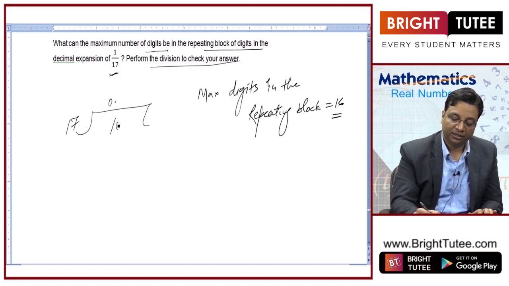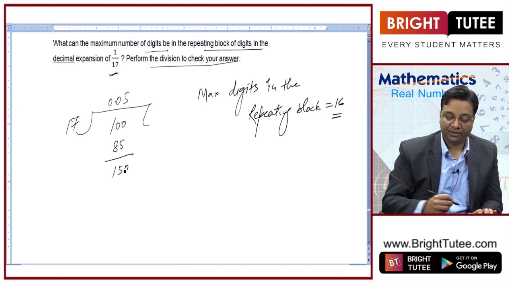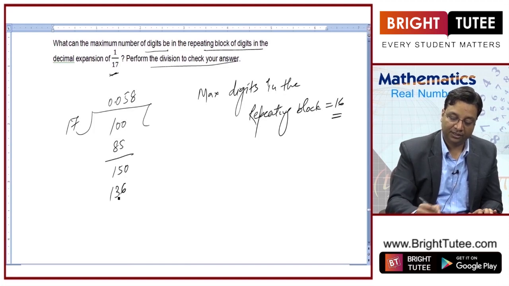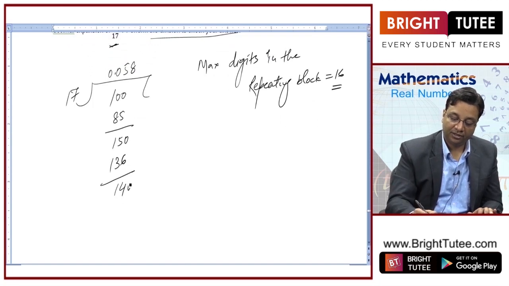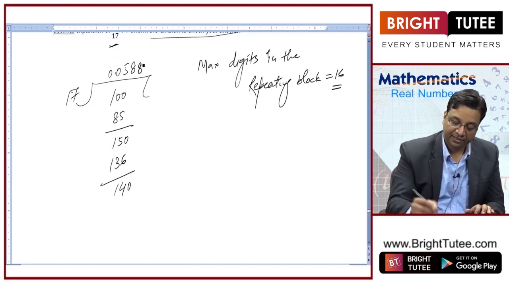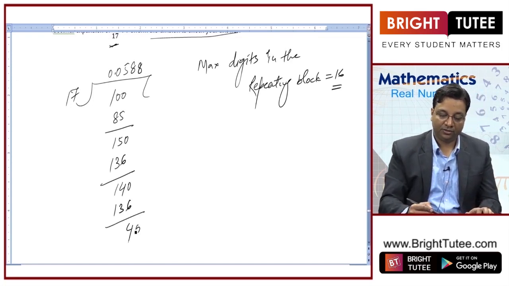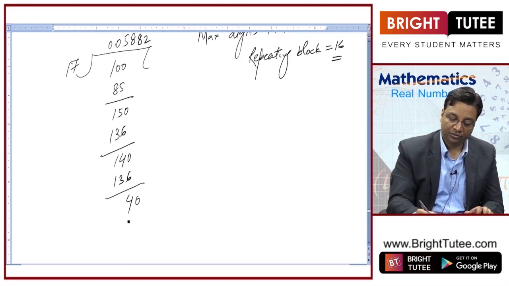So 0 point, I will have a 0 here, but it is still lesser than 17, so a 0 again, I will have a 100 here, and then 5, 85, so 15 will be the remainder, a 0 here, right? 8 will give me 136 here. So 14 here, right, and a 0. So I'll have 8 again and 136 here. I'll have 4. So again 0. 17 2s are 34.